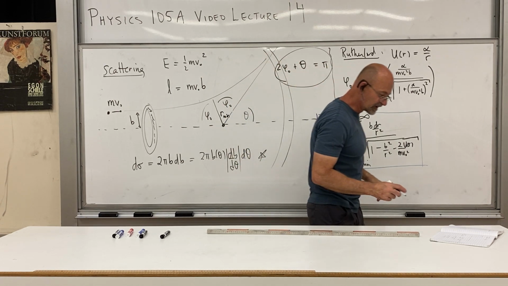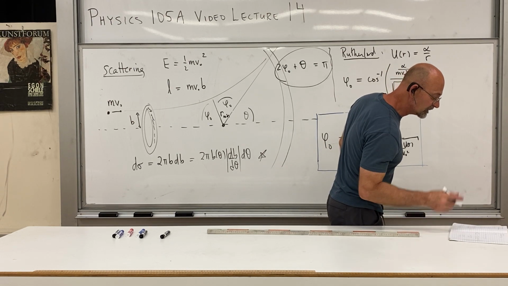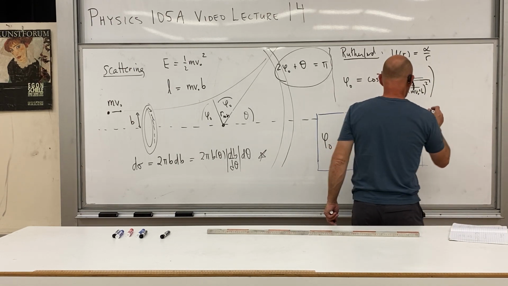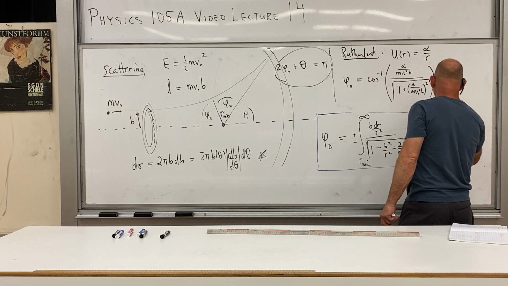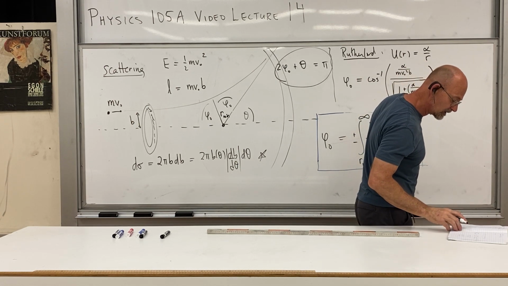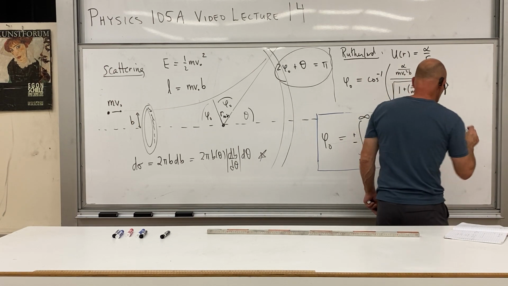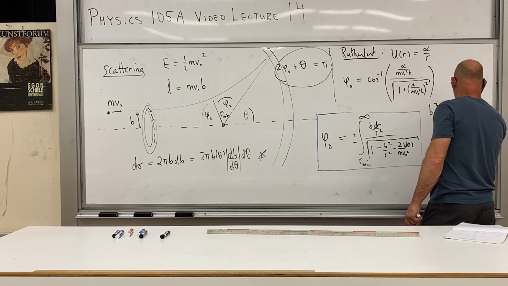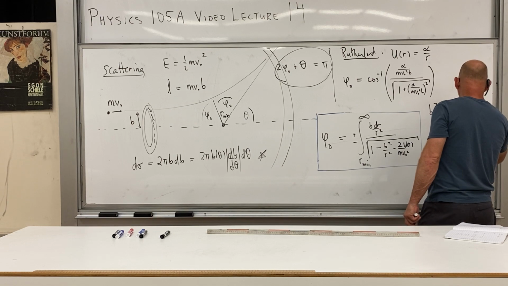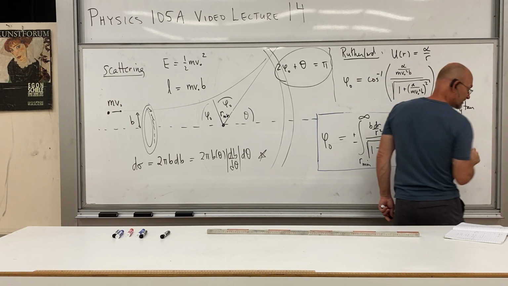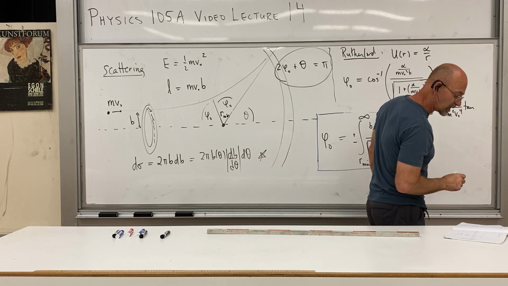So what's our other intermediate result? We're going to get b squared is equal to alpha squared over m squared v naught to the 4th, and then we've got a tangent squared of phi naught.